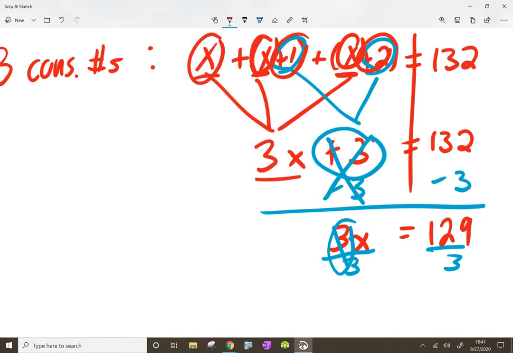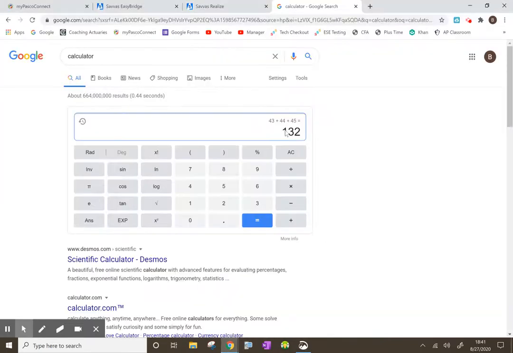And when I cancel those 3's out and I just have x by itself, and I simplify 129 divided by 3, it becomes 43. Okay, and you can take the calculator just to double check, right? 129 divided by 3 is equal to 43.